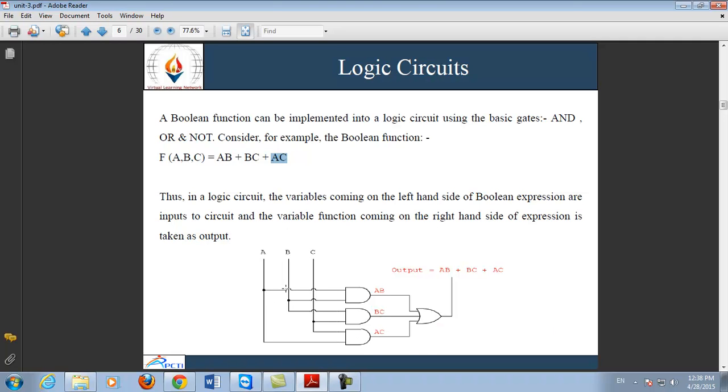For example, A and B, you can see here A and B, we give two inputs to this AND gate, that is A and B, and the output will be A into B. Similarly, B and C is passed to the second AND gate and the result is B into C, or B and C. Similarly, A and C is inputted to the third AND gate, and the result is A and C.